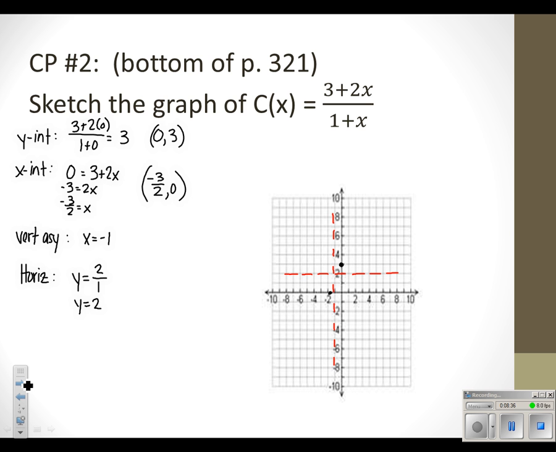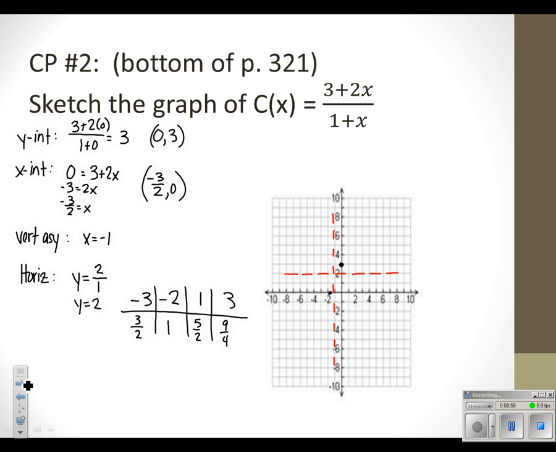Now we need a few more. Let's go with -3, -2, 1, and 3. Plugging them in, you will end up with 3/2, 1, 5/2, and 9/4. So let's go ahead and graph those.